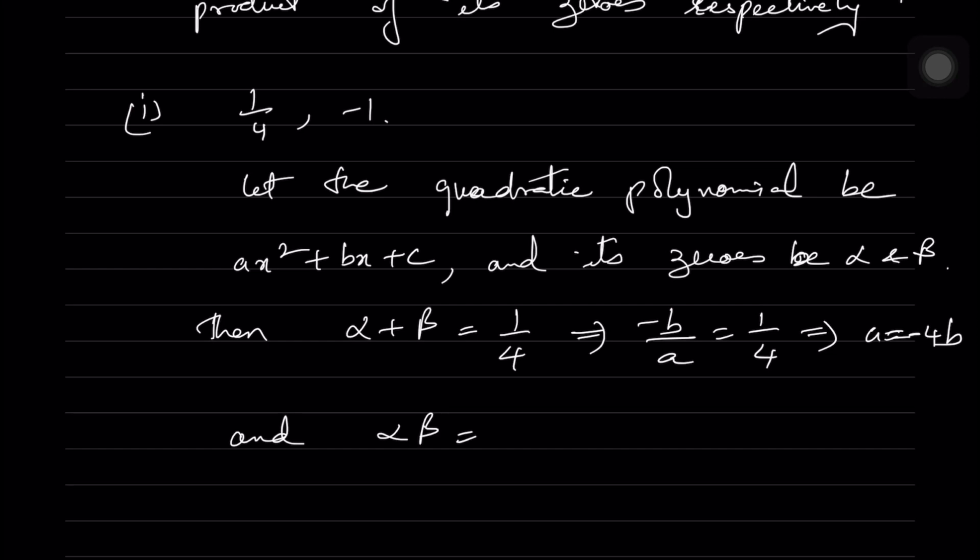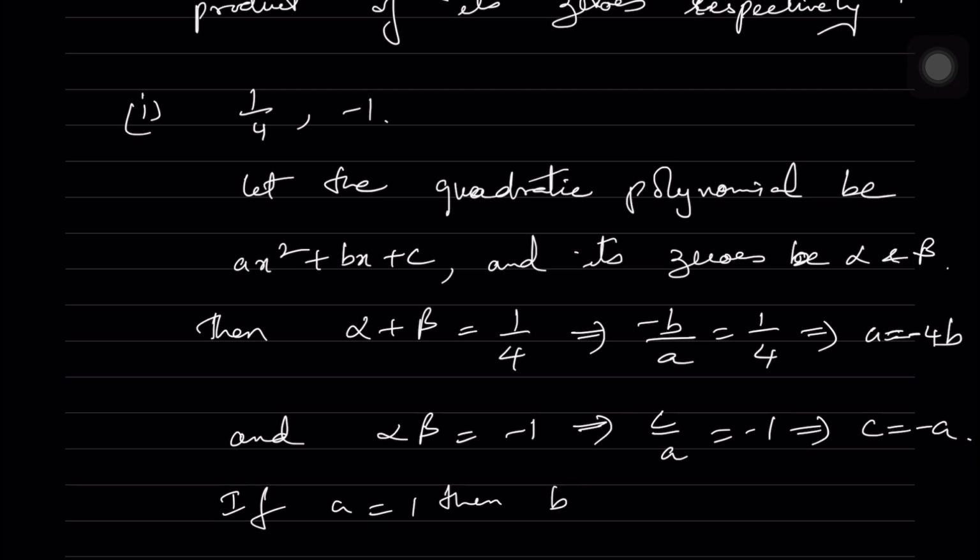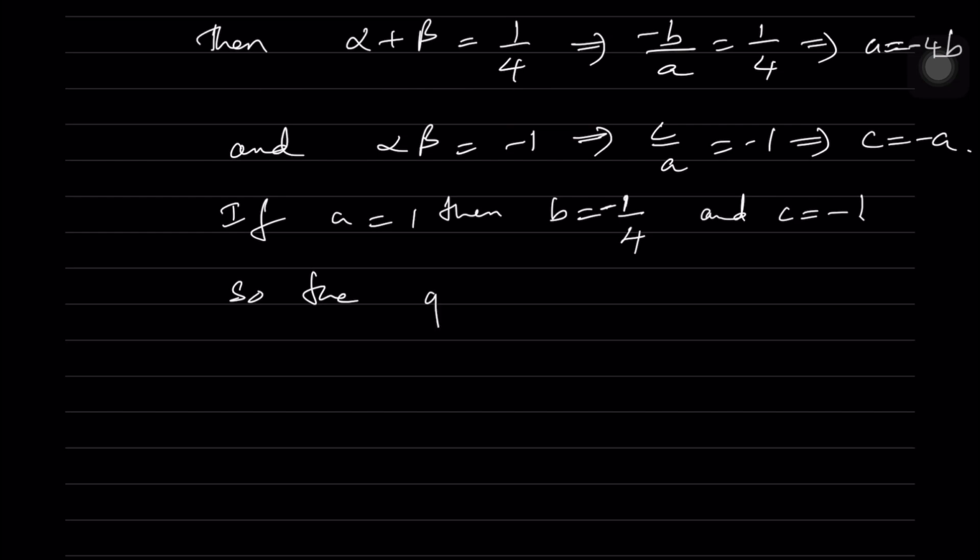Next we have the product of the zeros, that is alpha into beta, is equal to minus 1, which implies c by a is equal to minus 1, or c is equal to minus a. If a is equal to 1, then b is equal to minus 1 by 4 and c is equal to minus 1. We always put a equal to 1 first, then you will get the remaining automatically.